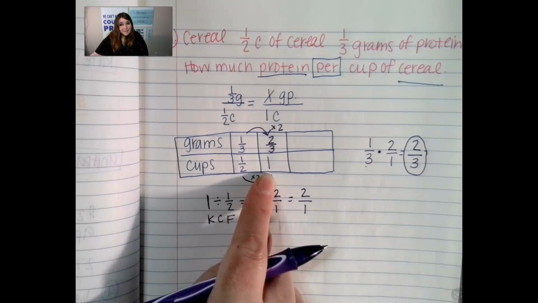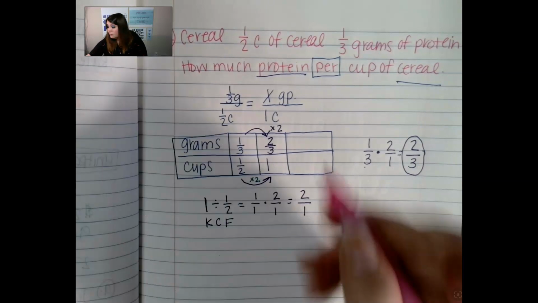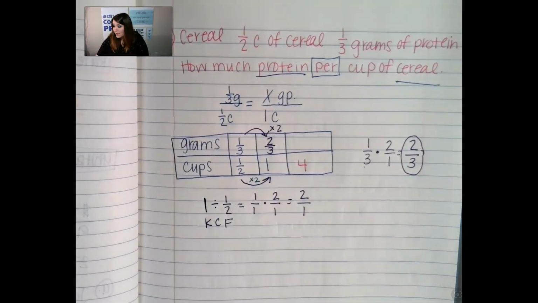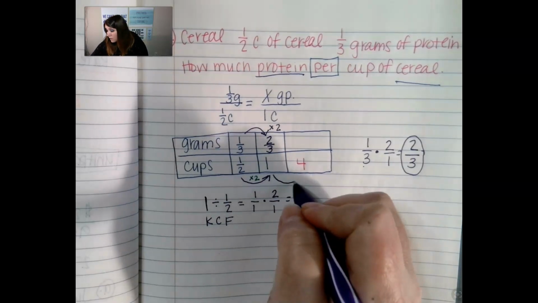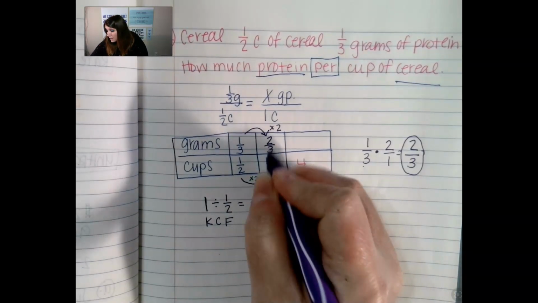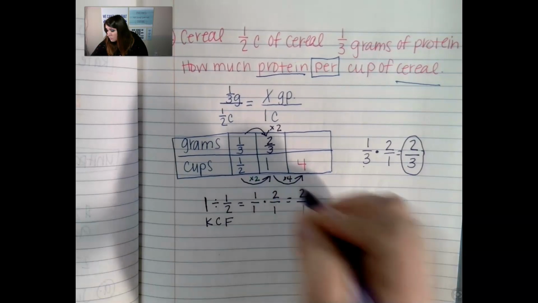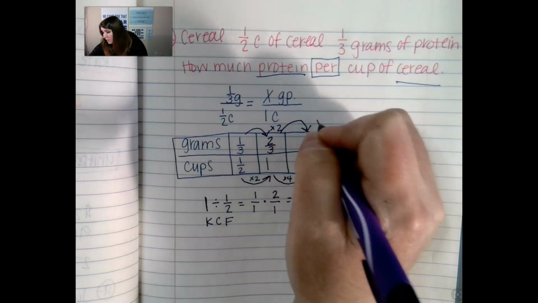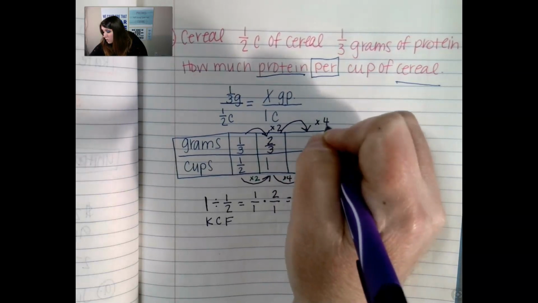Okay, but let's say that I had 4 cups of cereal. Well, now I can just come over here and multiply from 1 times 4. So I come up here to 2/3 and I multiply times 4.